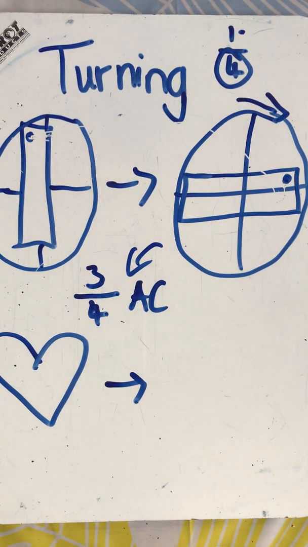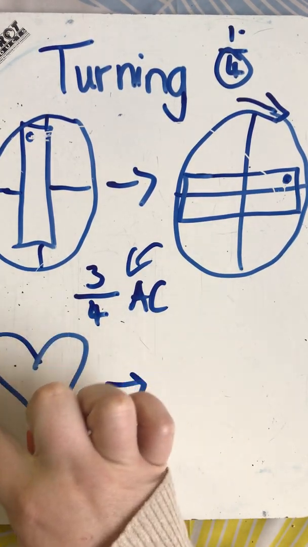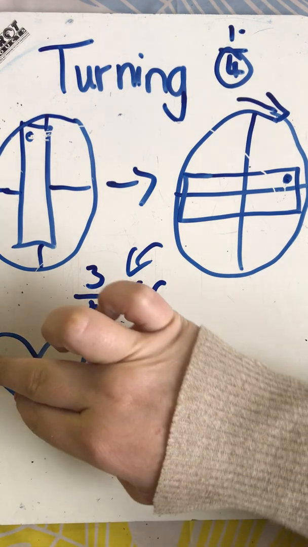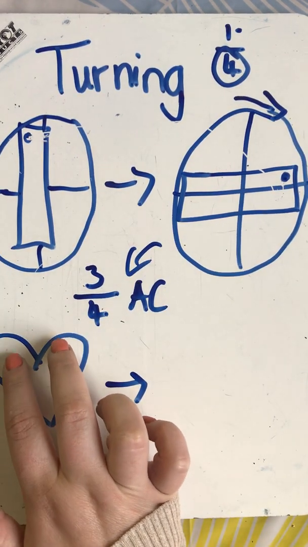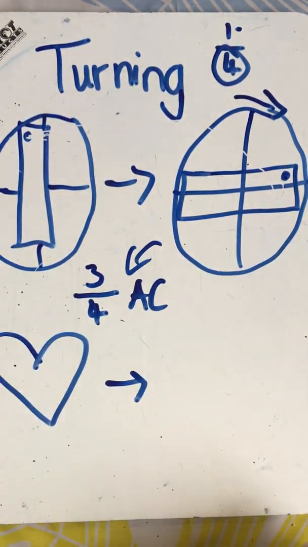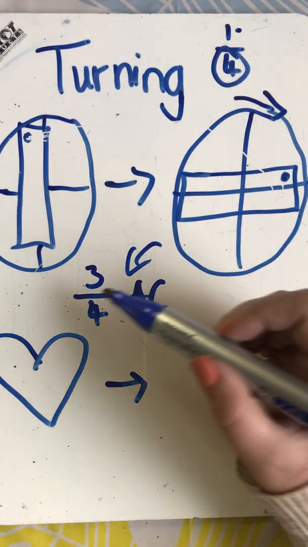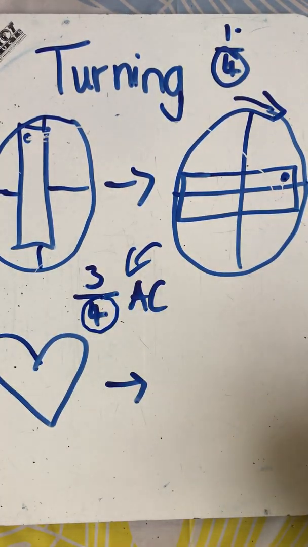Okay, so we know that this shape is going to turn that way. So it's going to turn like this. If these are the 2 bumps of my heart, they are going to turn like this because they are going to the left. Now I'm saying 3/4 of the way. 4 tells me my imaginary circle will be in 4 parts.